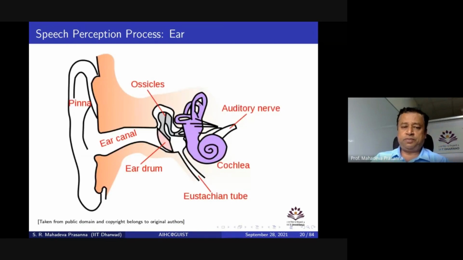Coming to the speech perception process, if there is any malfunctioning in the human ear, of course, the whole ear is divided into three parts: outer ear, middle ear, and inner ear. The inner ear is essentially what we call the cochlea, and the middle ear is what we call the soft bones, the ossicles.